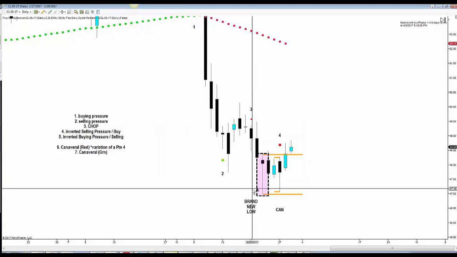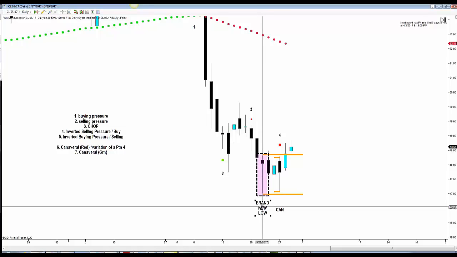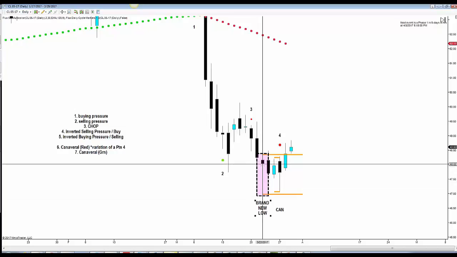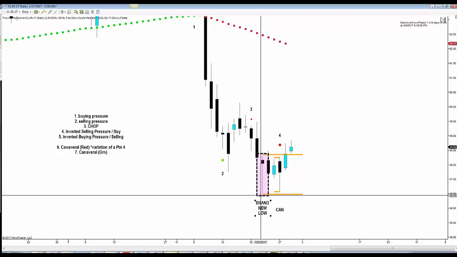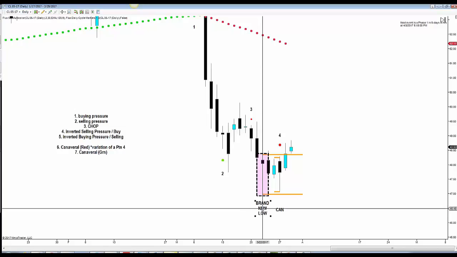Brand new low. And many times this candle, Derek, will have a wick to it, a large wick, symbolizing that we have touched a very sensitive area, that the banks were just foaming at the mouth, ready to reverse this thing when they got to that price. So first component is a brand new low.